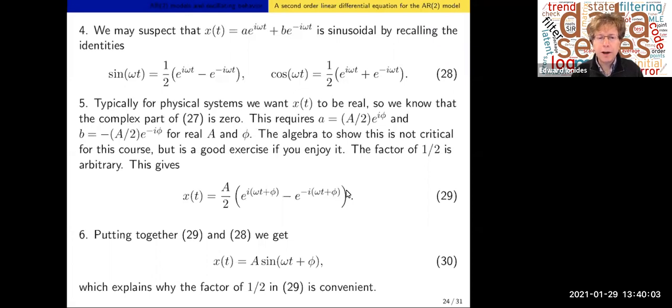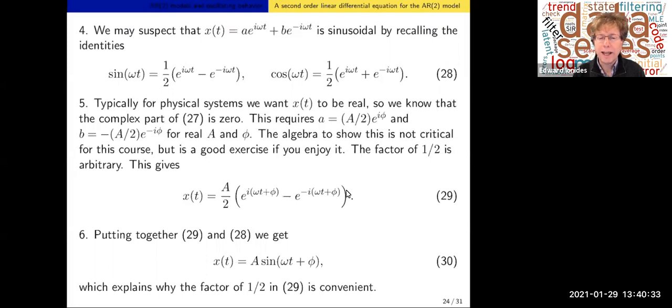The factor of a half is arbitrary, but it lets us write the solution as it is here in equation 29. X of t is A over 2 e to the I omega t plus phi minus e to the minus I omega t plus phi. And then from equation 28, you see that this is of the form x of t is A sine omega t plus phi, and that explains why the factor of a half was convenient.